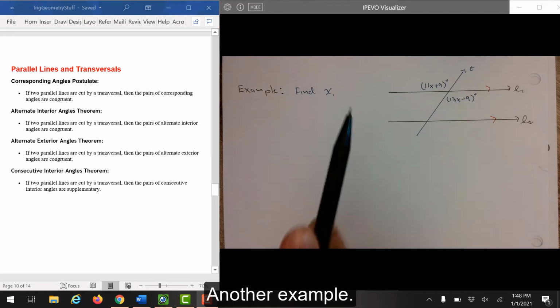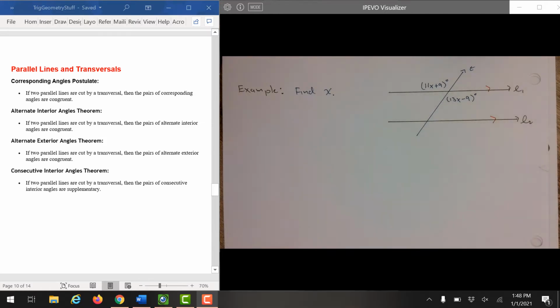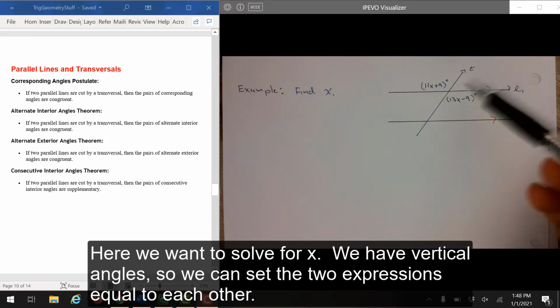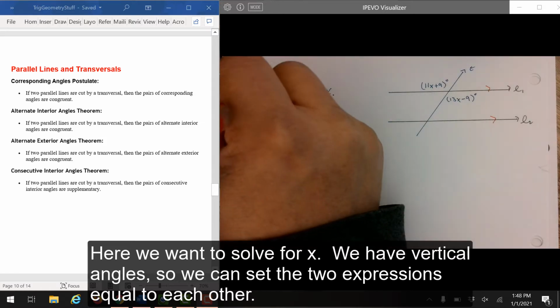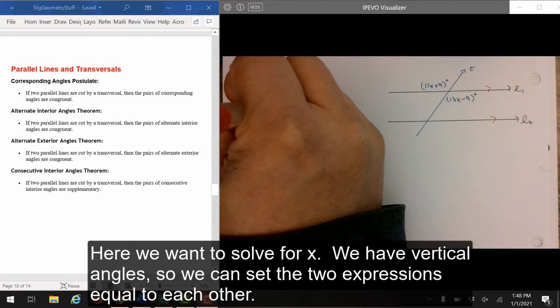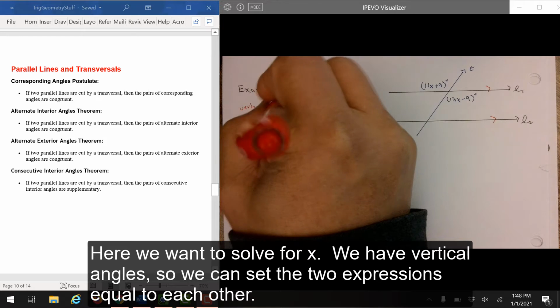Another example. Here we want to solve for x. We have vertical angles, so we can set the two expressions equal to each other.